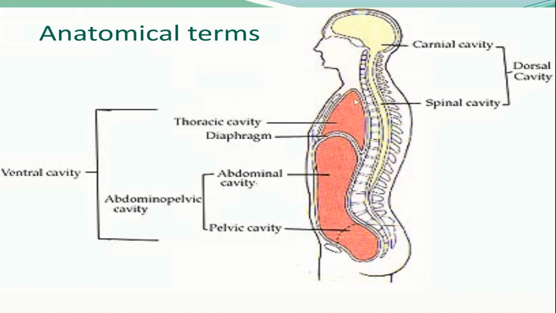And so you can start to see what I mean by organs residing in these cavities. It's mostly our internal organs because, again, bones are an organ, and so those are actually outlining the cavities for the most part. But this gives you a good idea of where we're going to find each certain thing.